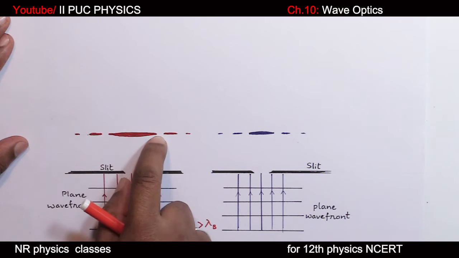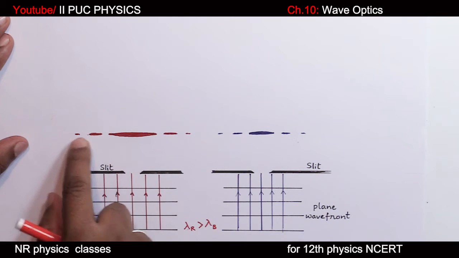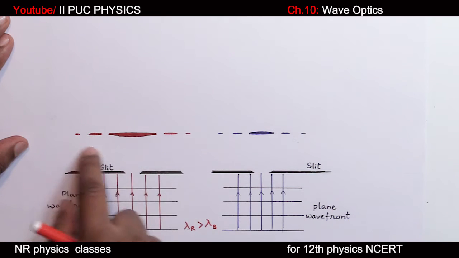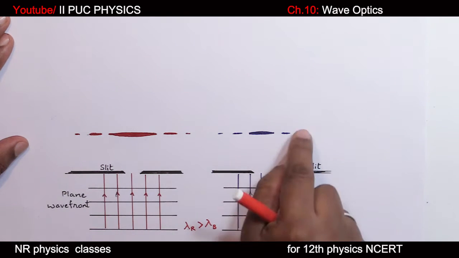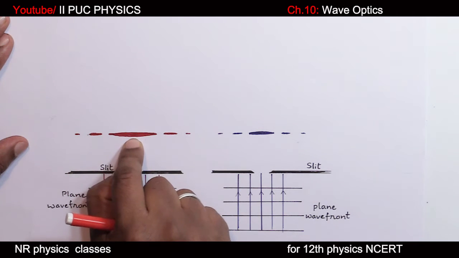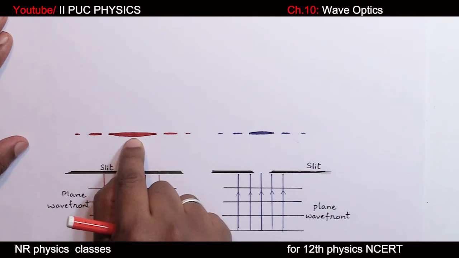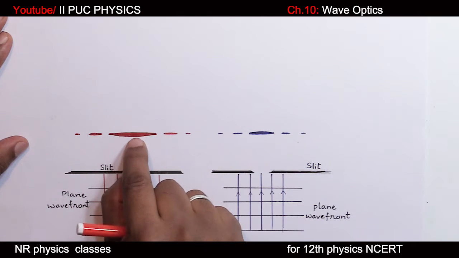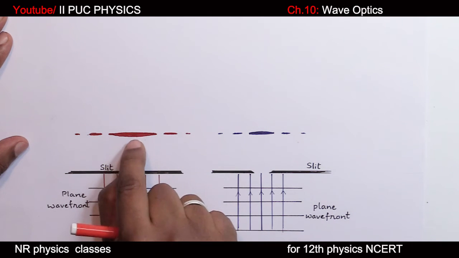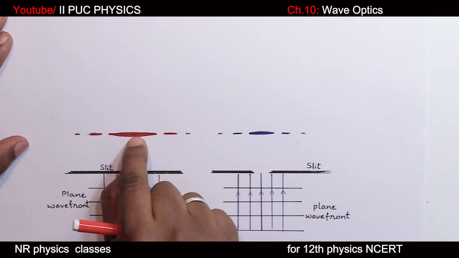This bright patch followed by a few more patches on either side of the central one gives the diffraction pattern. So this is the diffraction pattern due to blue light. This is called principal maximum. In the next topic, let us use the nomenclature properly.